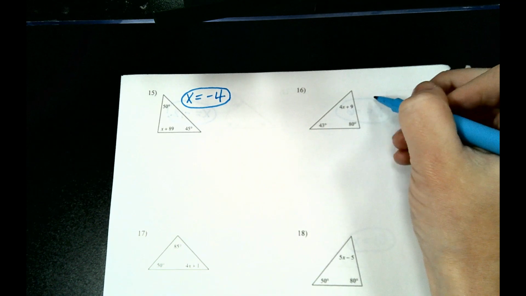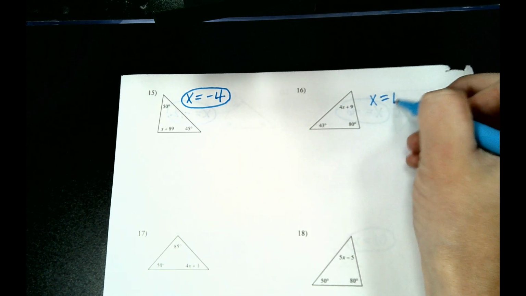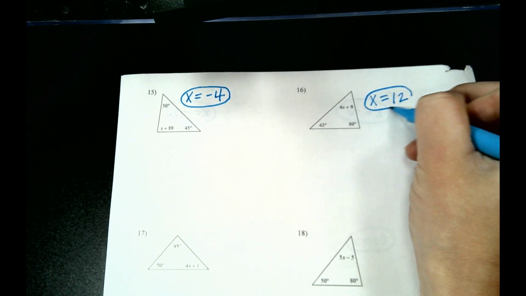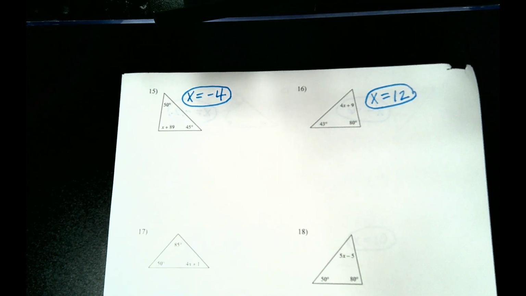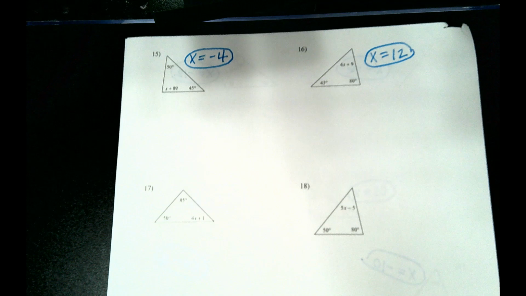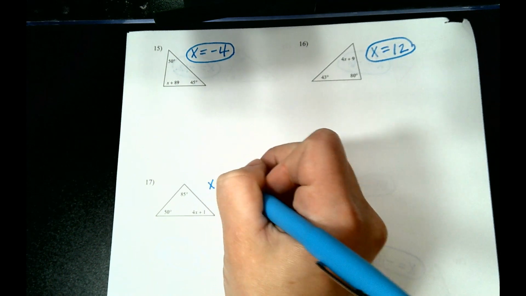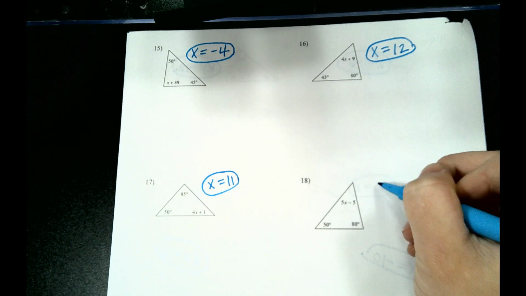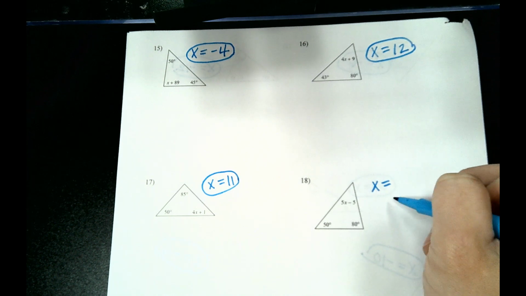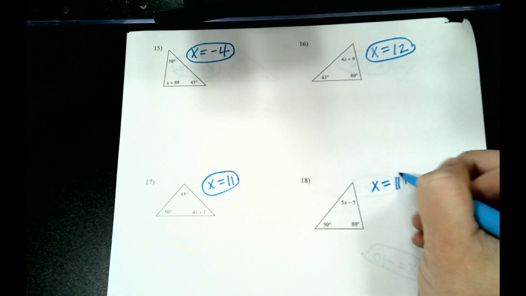Number 16, x equals 12. Number 17, x equals 11. Number 18, x equals 11 again.